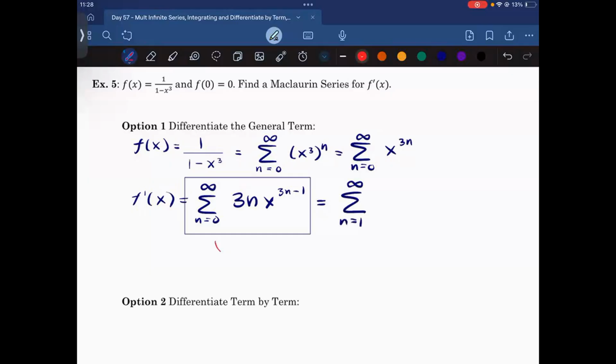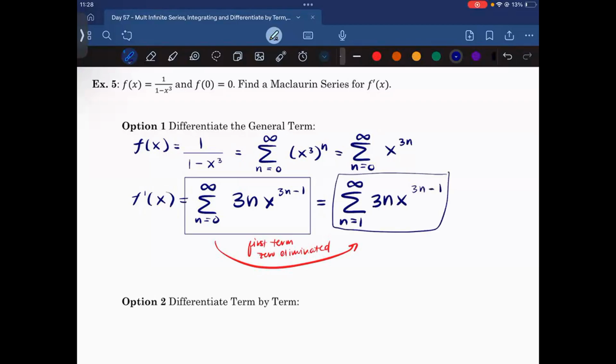You would change it to a 1 to keep the first term 0 eliminated. And that would be the same thing. Either one of these are correct.